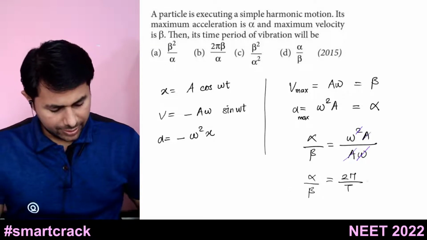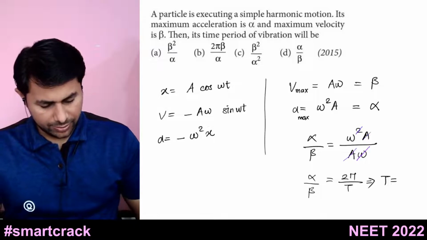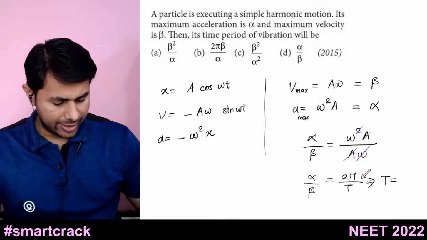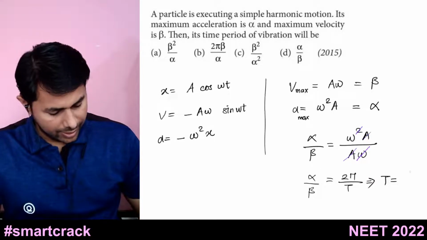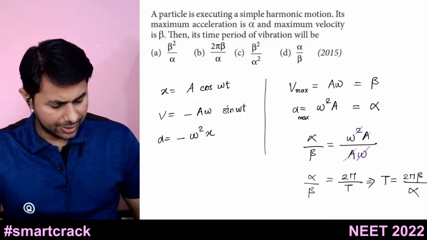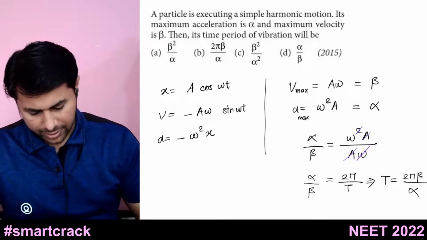So T is equal to 2 pi beta divided by alpha. This is the answer. So option B is the answer.